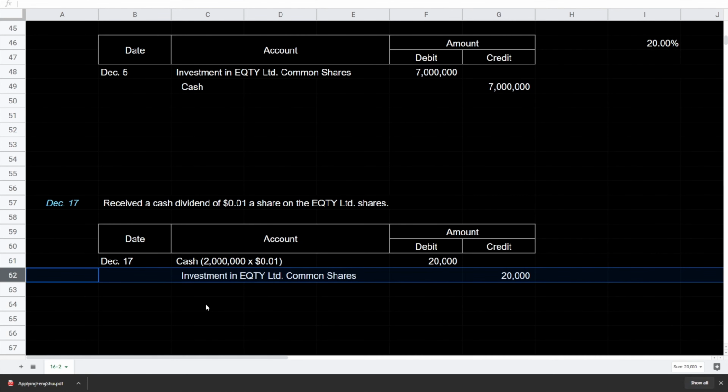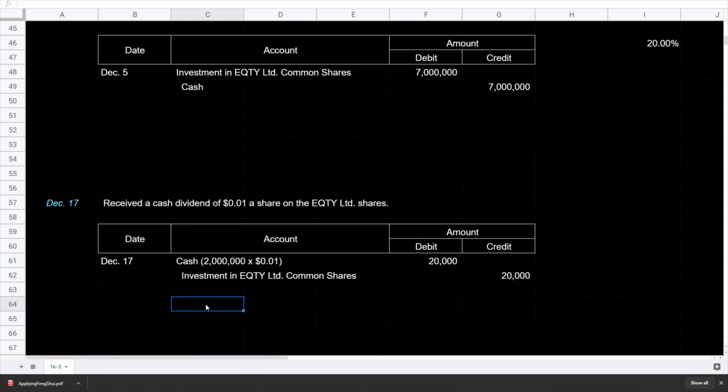And this occurs because we are tracking the equity in the investee. For a moment, you don't need to do this, but let's just take a look at what the investee would have done here. The investee, when declaring a dividend, would have debited their retained earnings account. And the investee, we know, had 10 million shares issued and outstanding.